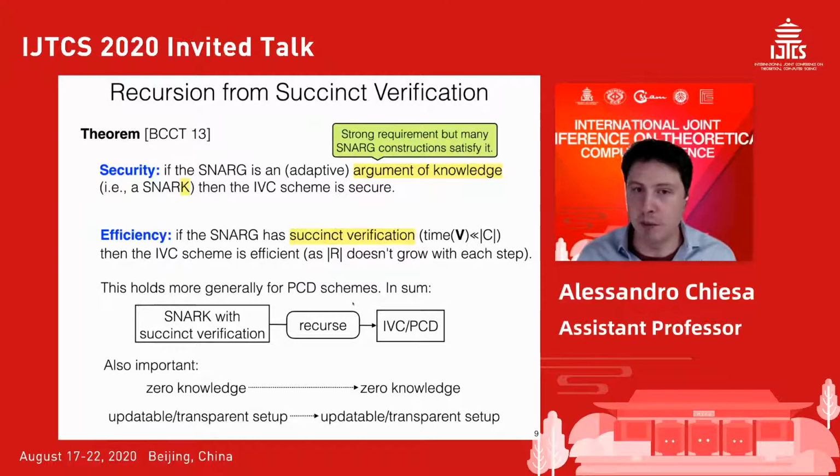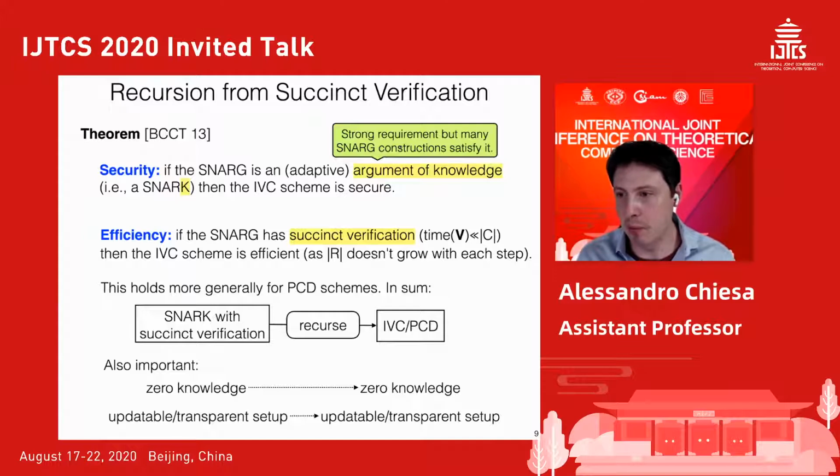Now, from a theoretical standpoint, requiring a snark to be an adaptive argument of knowledge is a pretty strong requirement. However, in practice, most snark constructions satisfy it rather easily. So it's not really a restriction.